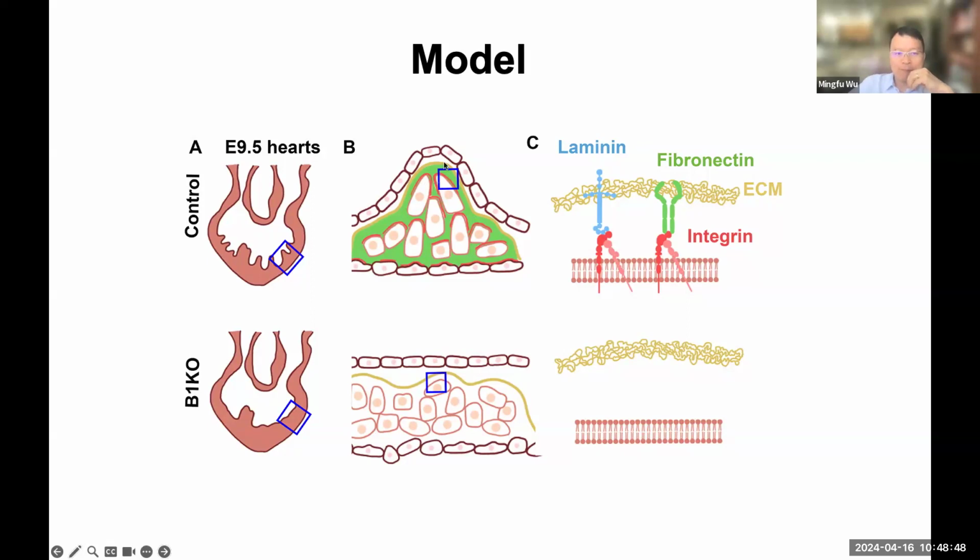The integrin beta 1 binds to fibronectin to lock the cells in the scaffold or network, so the cells can properly display orientation and migration and form the trabeculae. When we delete integrin beta 1, the cells fail to be locked in the ECM-formed network or scaffold, and fail to be properly organized to display polarity and asymmetric cell division, and to be properly patterned to form trabeculae. So this is our model.